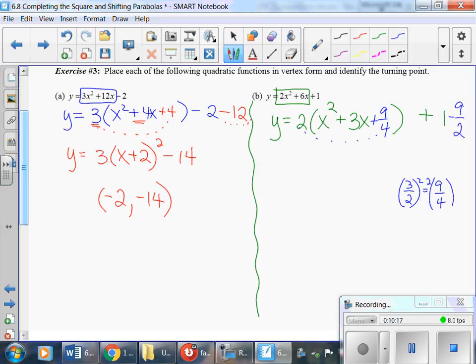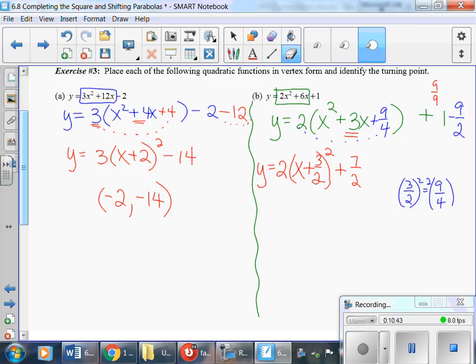So we get y equals 2 times, take half of that 3, x plus 3 halves squared plus, and when you do 1 minus 9 halves, now you can do that in your calculator if you need to, but you get negative 7 halves. All right? Because 1 is the same thing as 2 over 2.